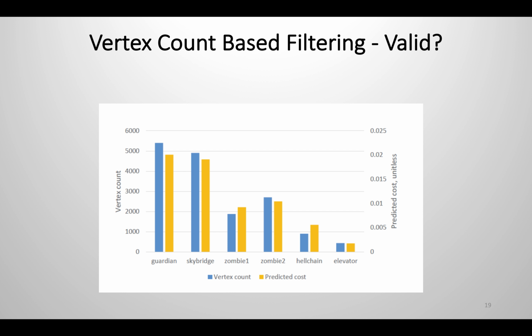Here we show that the predicted cost aligns with the number of vertices in the object. You can see the hell chain and the elevator at the right side of the graph have very low vertex counts. So if we have a threshold above that, we can just drop those, as they have minimal impact on the gameplay and on the future predictions.